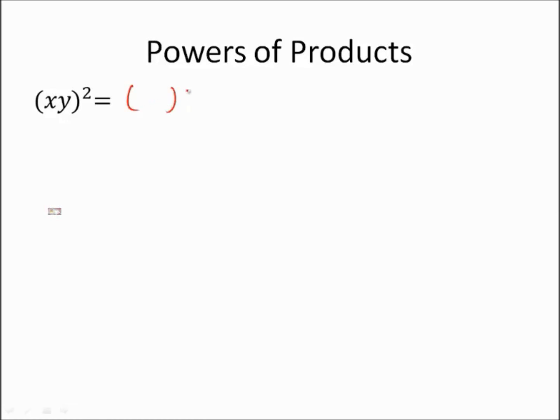Here's another example. What if you're taking a power of a product of different bases? Well, let's take a look. That would mean we're going to square, by definition, square that bracket, multiply it by itself. We can rearrange that, and that really means everything is being multiplied. Multiplication is commutative, so x's could be multiplied first and y's afterwards, which really means you're squaring the x and squaring the y.